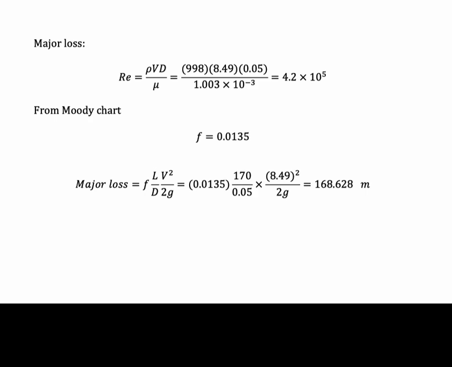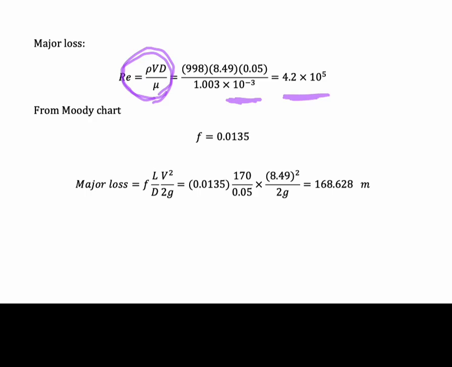For the major loss, first you need to determine the Reynolds number, because we have an equation for laminar and we have another method to find the value of f for turbulent flow. So this is the equation of Reynolds number, rho V d over mu, and then we substitute with the value here, so we could get 4.2 times 10 to the power of 5.